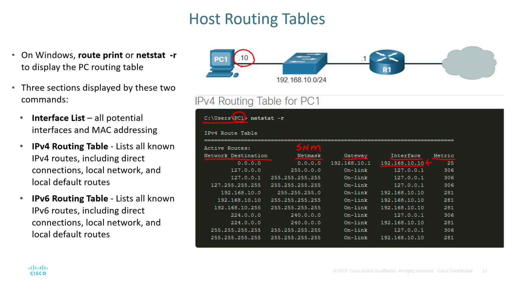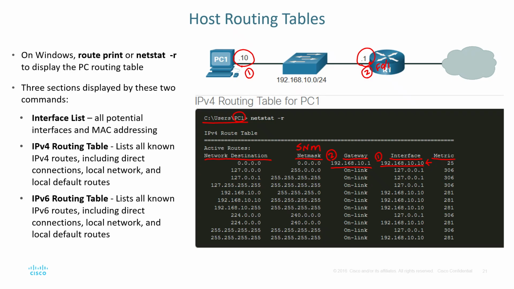So this is my default gateway, which is, let's say this is 1, this is 2, this is 1, and this is 2. Okay, and we can say that this would be the F01 interface on that router.